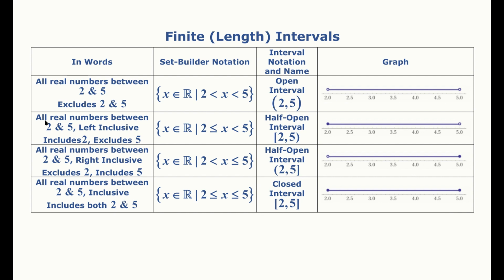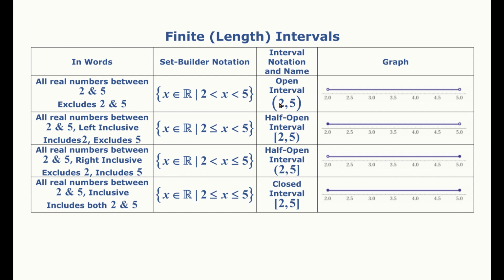So for the next one, we have all real numbers between 2 and 5, left inclusive. That means include the 2, but not the 5. All right? So includes 2, excludes 5. So we write it like this using set builder notation: all x that is greater than or equal to 2, but less than 5, right? Basically in interval notation, it's going to look like this.